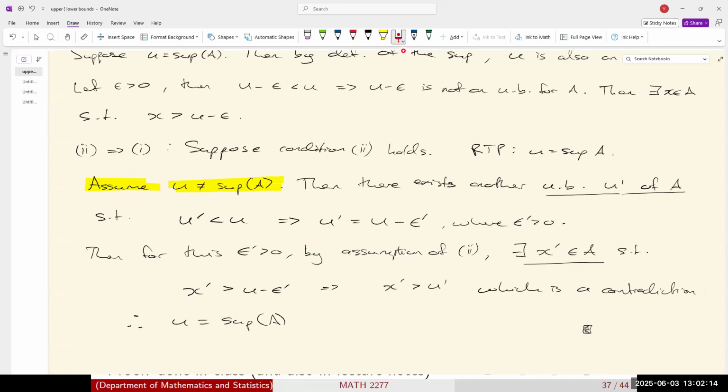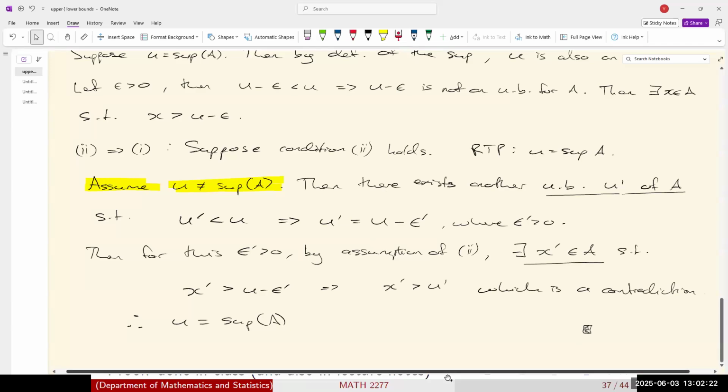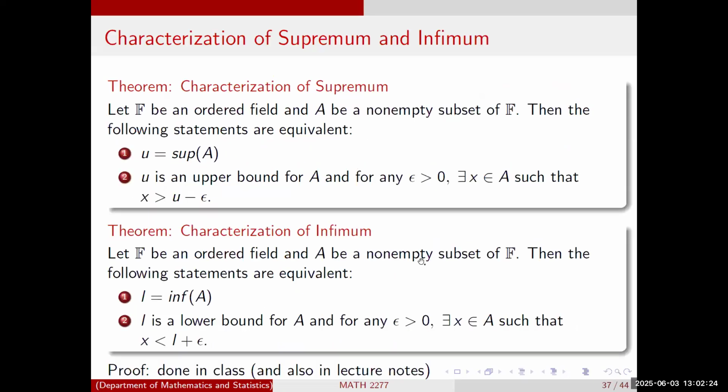And from there, just apply the assumption of 2. Okay, so that is the proof of characterization of supremum. And you need to sit and write down the similar proof for the characterization of infimum. It's the same, but the less than changes to greater than, and the greater than changes to less than. Okay.